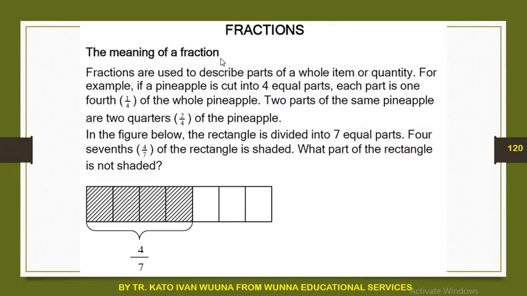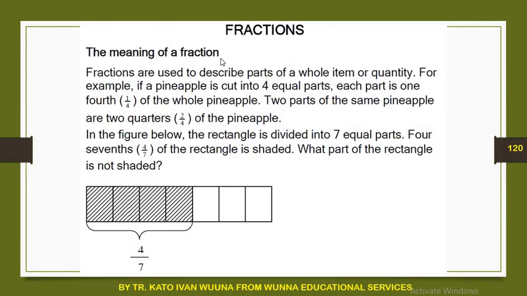Good. So in the figure below, the rectangle is divided into 7 equal parts. And now, out of the 7 parts, 4 are shaded. Meaning, if we are to describe the shaded part, it is representing 4/7.